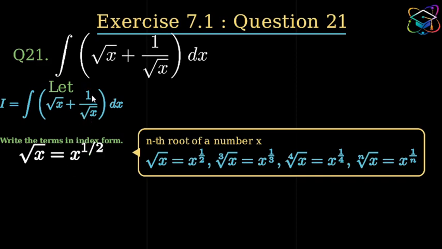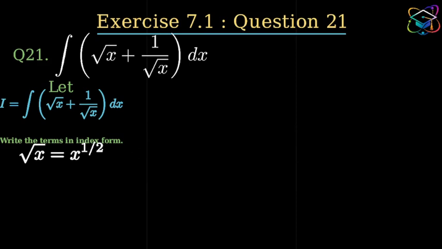Similarly, the second term is 1 upon under root of x. So 1 upon under root of x can be written as 1 upon x raised to half. When the x raised to half in the denominator goes to the numerator, it becomes minus half.